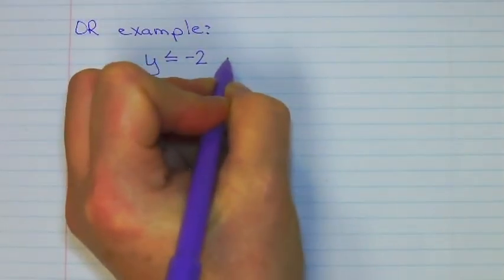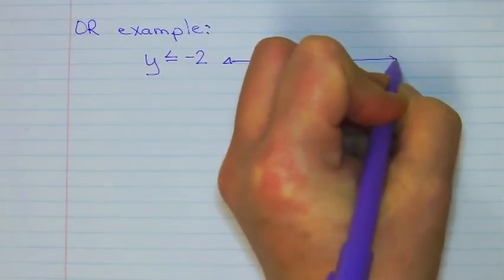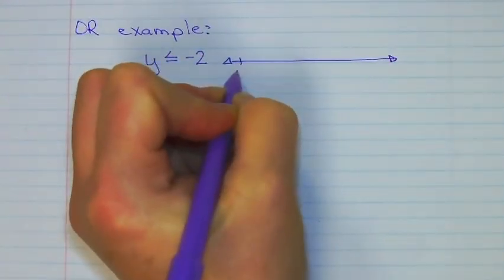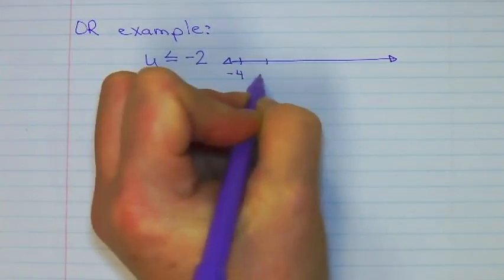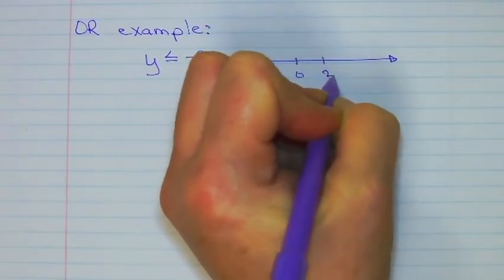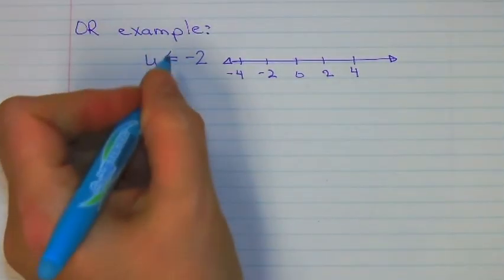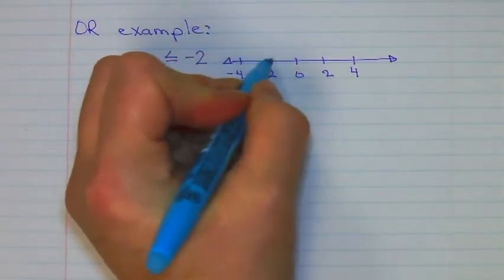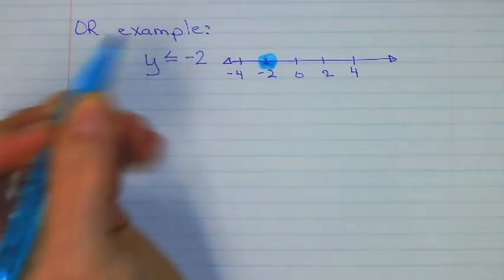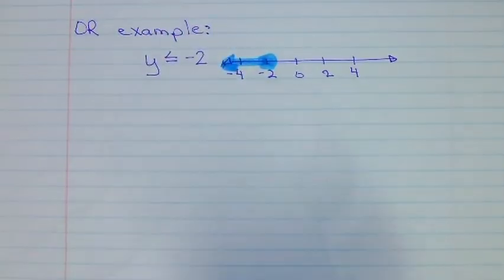This time we're going to set our markers as -4, -2, 0, 2, 4. Okay? So for y is equal to or less than -2, we're going to shade that in, and we're going to go this way.